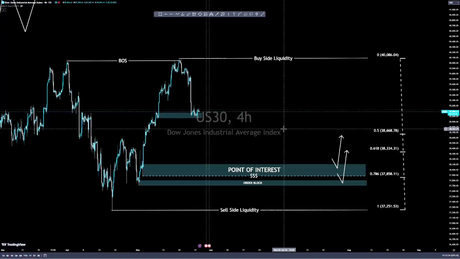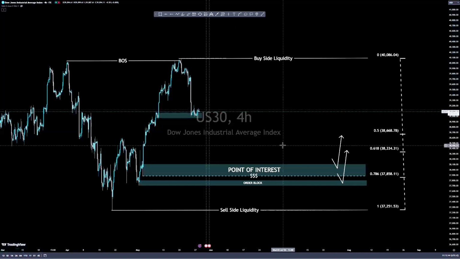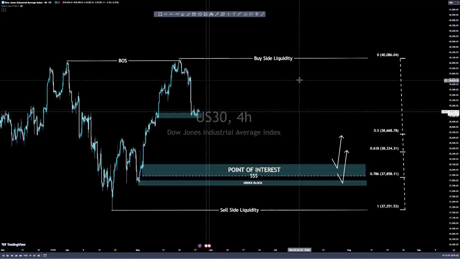So let's try to master this top-down analysis, and let's also focus on swing trading, because there's more profit there, especially if we do the smart money concept way properly.